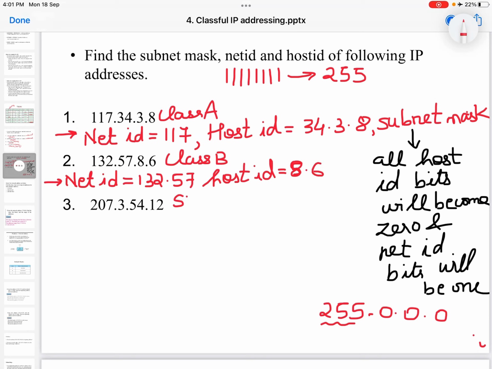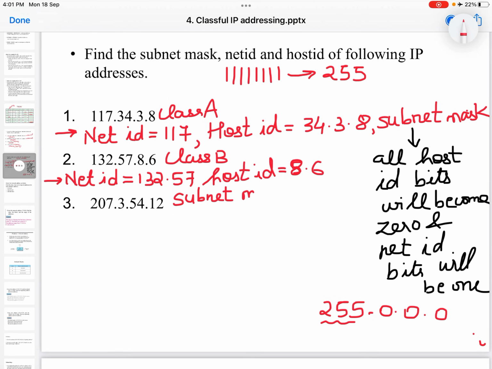Subnet mask: all the net ID bits I will convert into 1, host ID bits converted to 0. So I get 255.255.0.0.